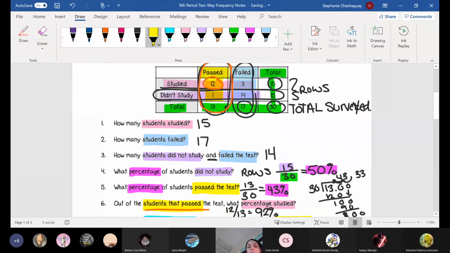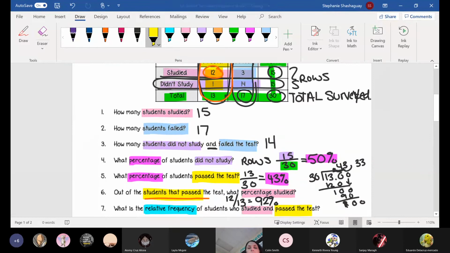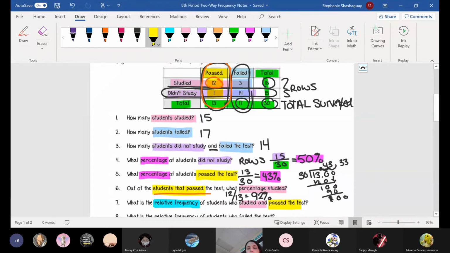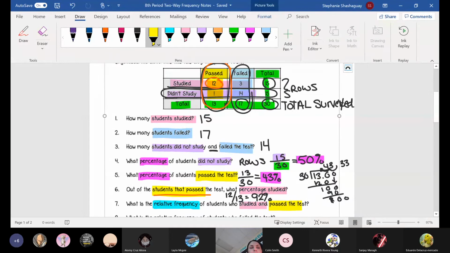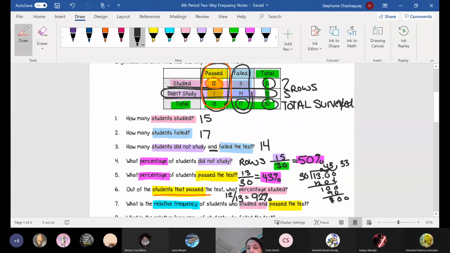So how many students studied and passed? 12. And how many total students were there? 30. So 12 out of 30 is going to give us 40%.